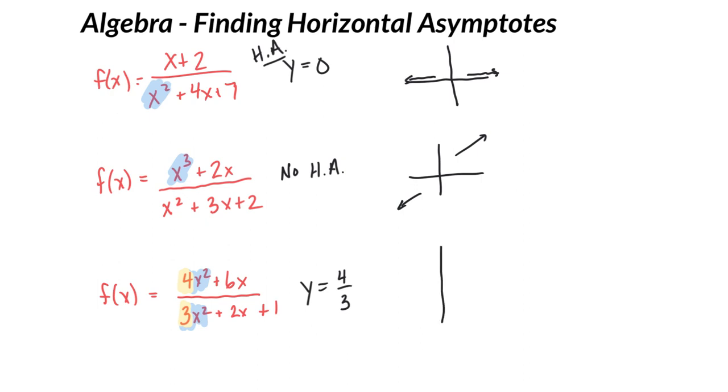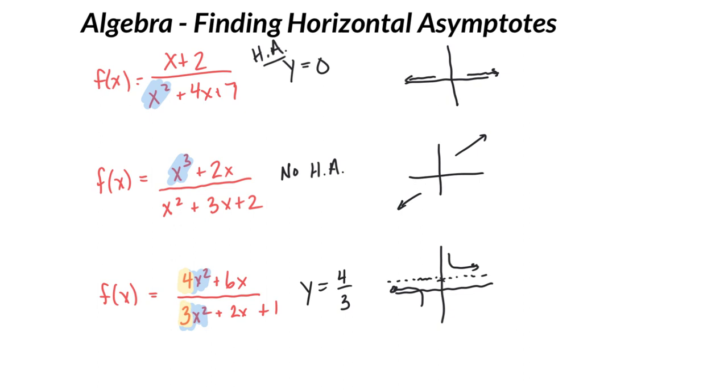So again, if you think about a graph, maybe here's 1. You've got this spot at 4/3 where the graph is going to level out, something like that. Okay? So really there are 3 rules you need to know, and that's it.